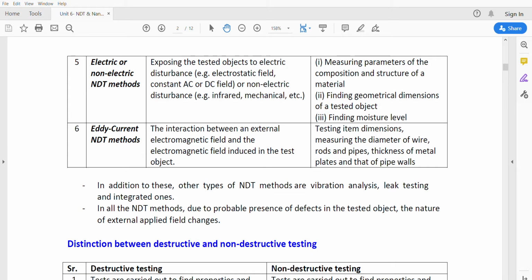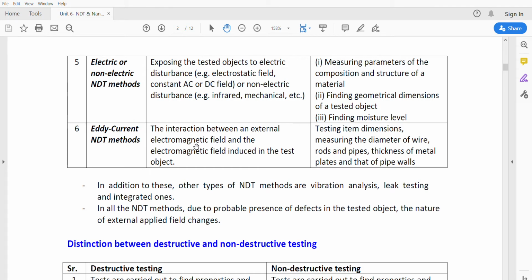Next one is the electric or eddy current methods, exposing tested objects to an electric disturbance. By applying the electric field, we can understand structural properties like composition, structure of a material, finding the geometrical dimensions, and finding the moisture level. The last one is the eddy current methods, the interaction between an external electromagnetic field and the field induced in the test object.